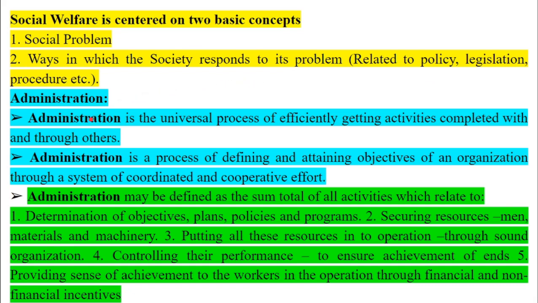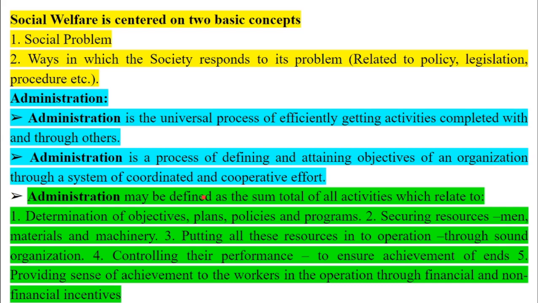Now what is administration? Administration is the universal process of efficiently getting activities completed with and through others. It is a process of defining and attaining objectives of an organization through a system of coordinated and cooperative efforts.